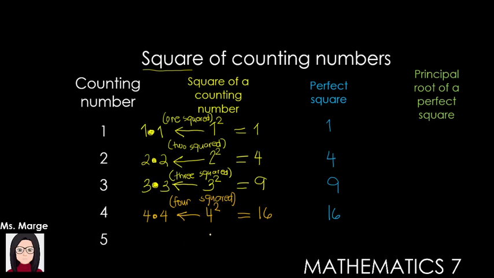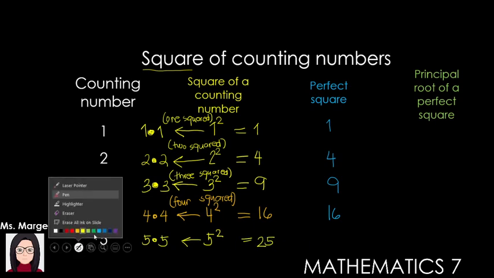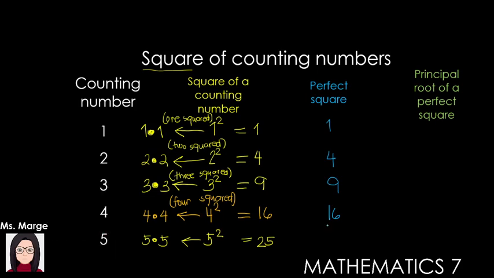So always look for patterns. So 5 squared, that will be 5 times 5, and 5 times 5 is 25, di ba? 25 is a perfect square. Paano po yung mga numbers sa pagitan? Yung mga numbers sa pagitan nito is not a perfect square.